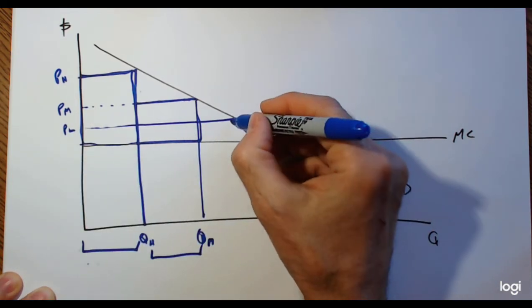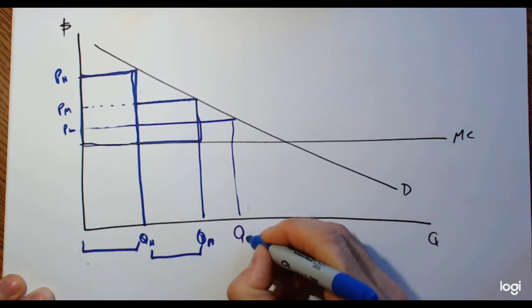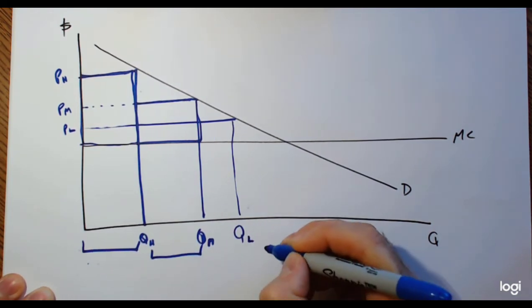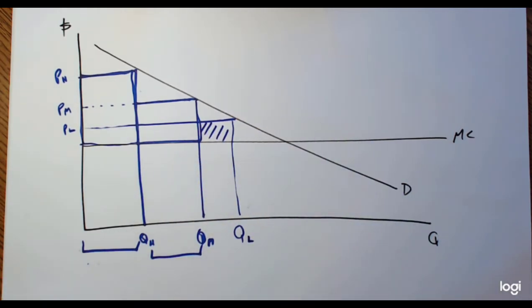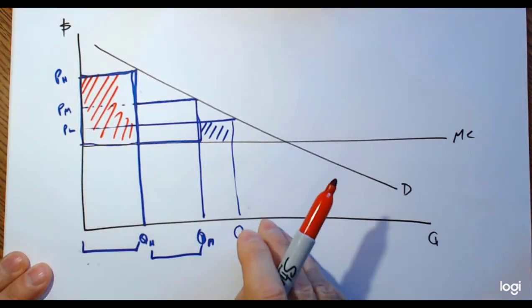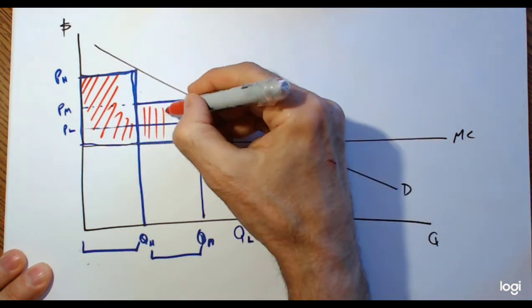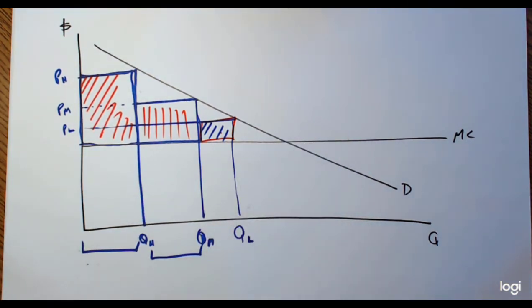They're the people who want to wait till right before the next edition comes out, the next version, next book. And we'll call that QL, and here's the profits associated with those. Now notice what's happened. The monopoly now has grabbed this profit for the high-end people, this profit for the middle people, and this profit here for the low-end people. Had the monopolist charged one price, they wouldn't have been able to scrape up and grab all these profits.